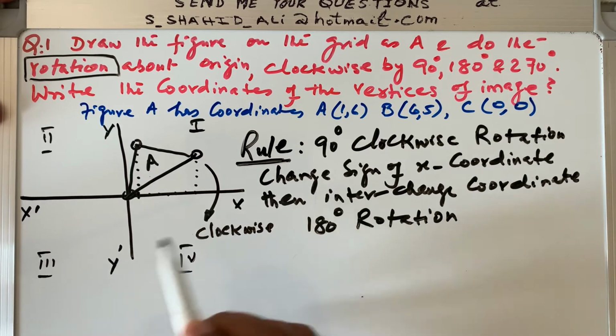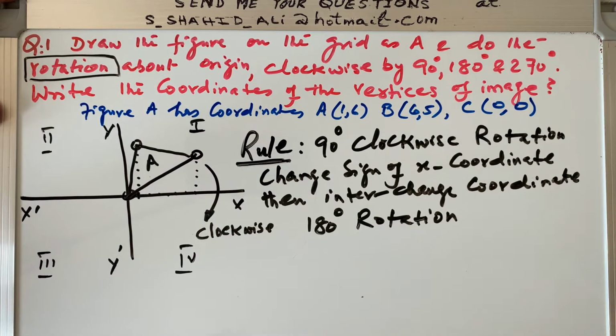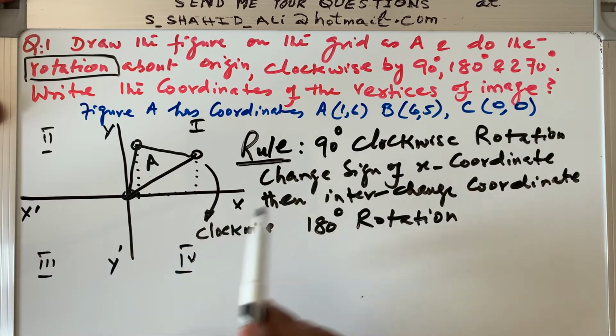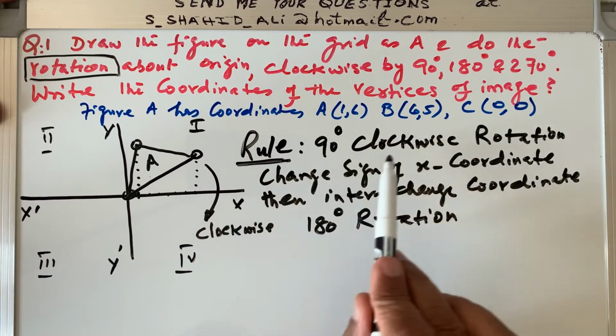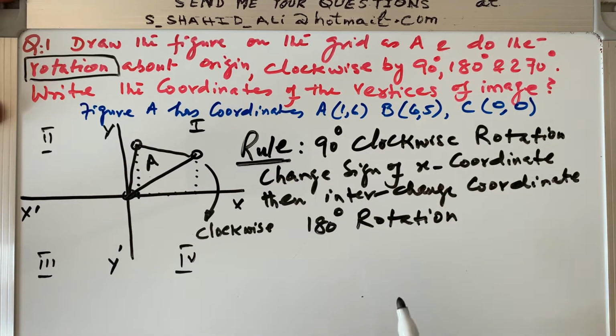Anti-clockwise is the other way around, like from the first quadrant to the second quadrant. But we are dealing with clockwise. So right now we are focusing on the first quadrant to the fourth quadrant. This is 90 degree rotation. And 90 degree clockwise rotation means change the sign of the x coordinate and then interchange the coordinates.